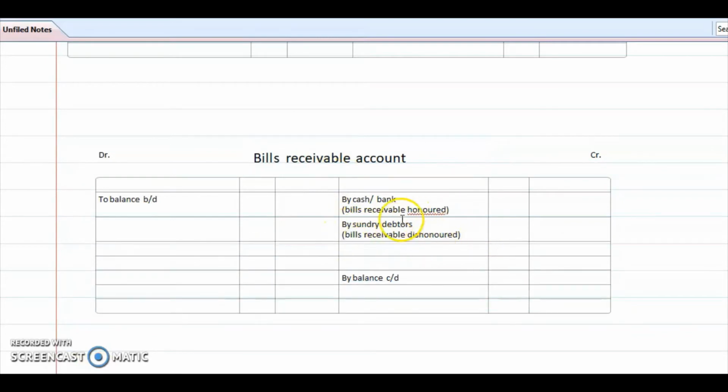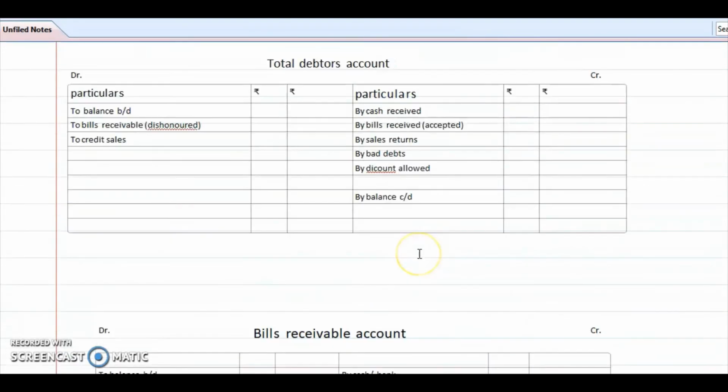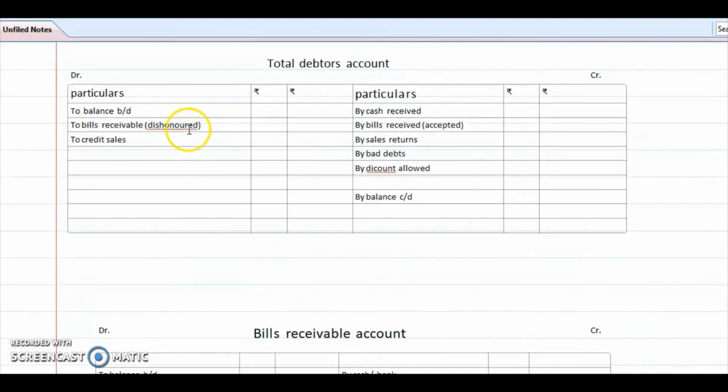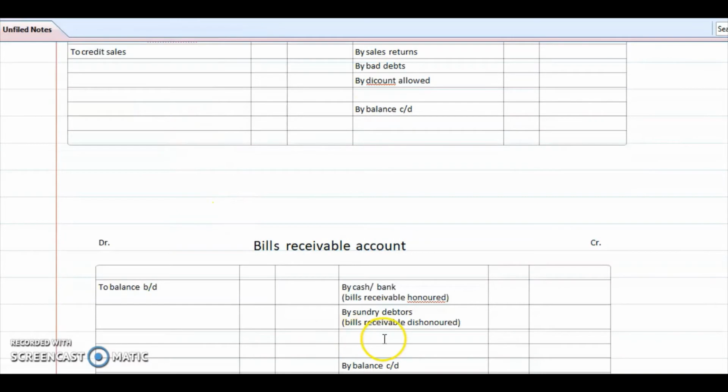Sorry, I told you honored here. So by sundry debtors, dishonored. Easily we can remember this: dishonored will appear on the opposite side. So in the sundry debtors account, this bills receivable dishonor will appear on the credit side.